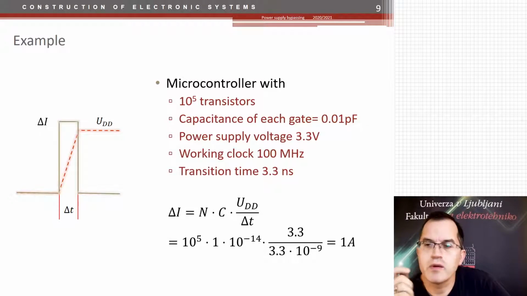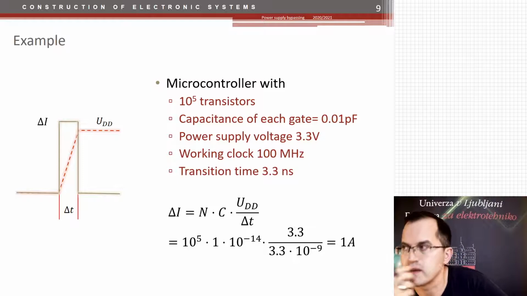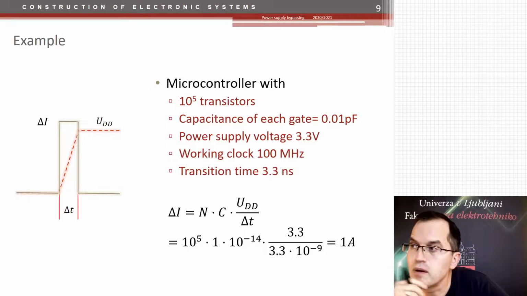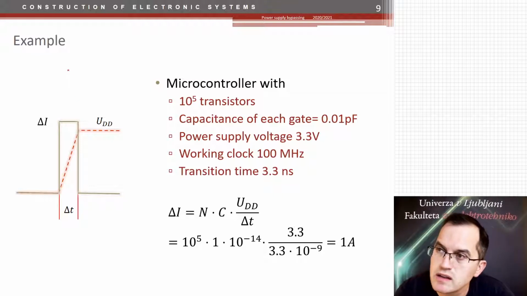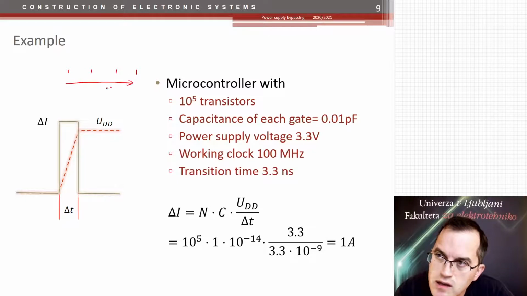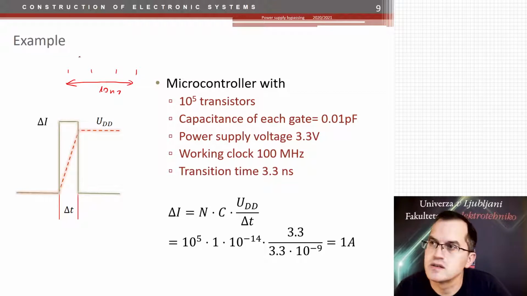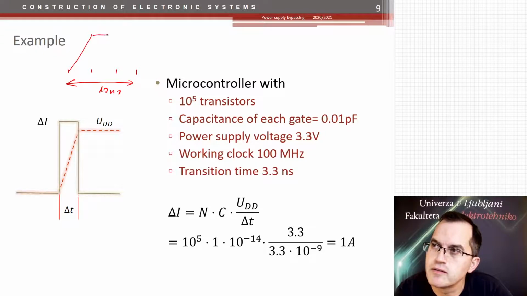So let me show an example. Now, if we have 10 to the 5 transistors, each gate capacitance of that value, power supply voltage is 3.3 volts, working clock is 100 mega, and for 100 mega we suppose that we can have this 10 nanoseconds at 100 megahertz divided into 3 parts: increasing part, flat part, and decreasing part.